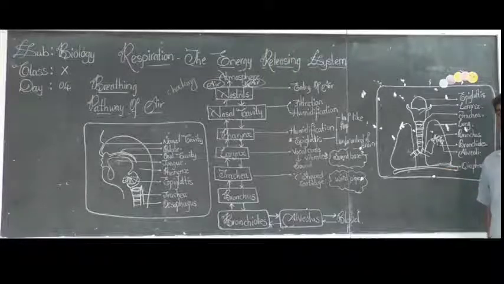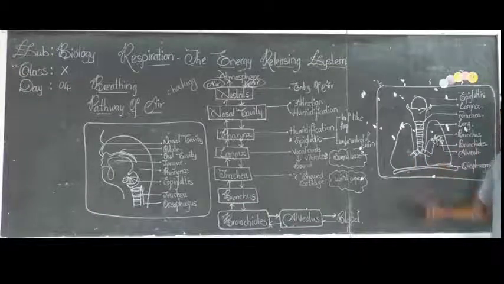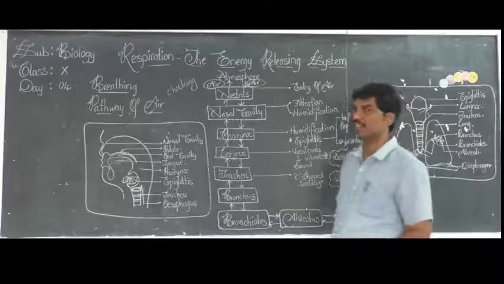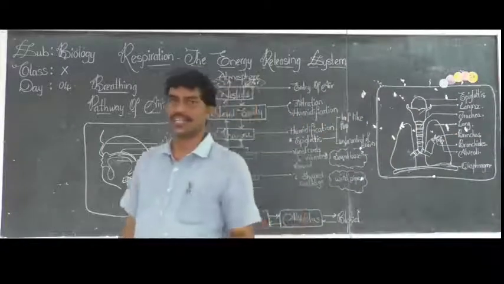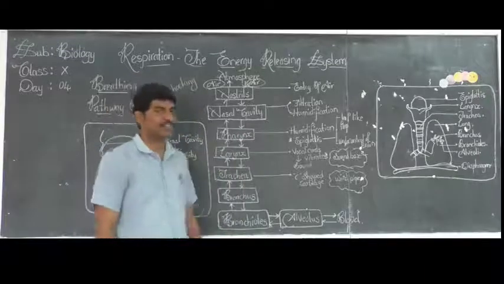Each bronchus leads into a lung. Right bronchus opens into the right lung, whereas left bronchus opens into the left lung. Each bronchus is opening into the respective lungs of the respective sides.